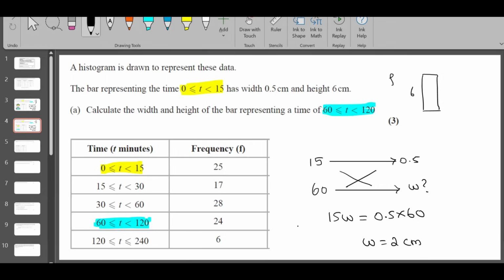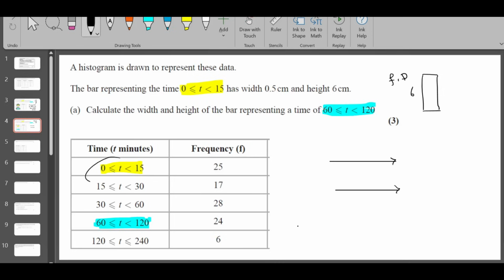For height, we usually use the frequency density, which is frequency over class width. For the first class interval, the frequency is 25 and the class width is 15. The height is supposed to be 25 over 15, but they have used 6 centimeters.